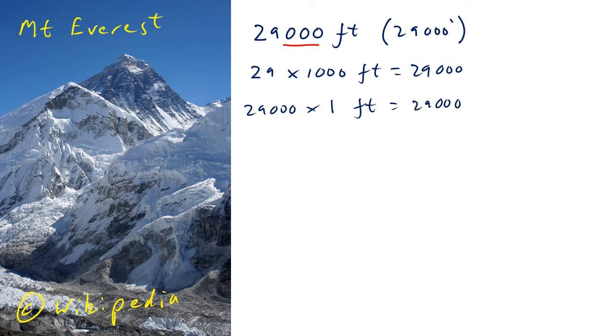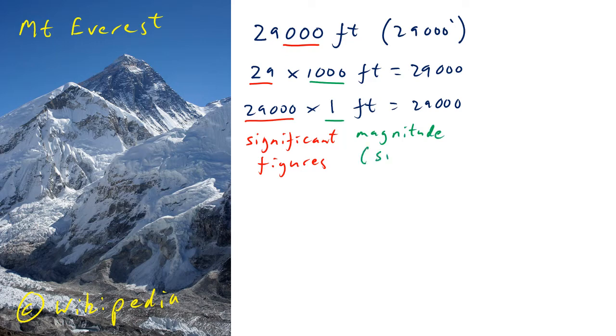So what you look at here is this part is telling you the significant figures, but the other part is telling you the magnitude, or the size of your ruler, basically. Size is another way to talk about magnitude. So the point is, which one was it?